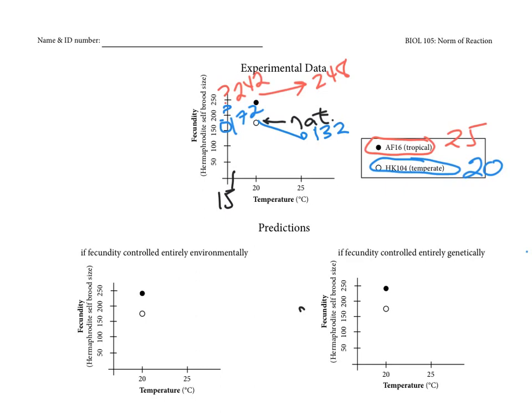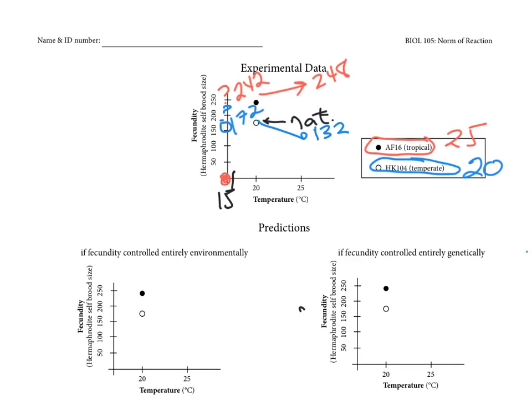Last one. What happened to AF16 at 15 degrees or 16 degrees? They kept dying. So what happened? There's only so much they could have done, I guess. So does it look like these two different strains of the same species have adapted to life at different temperatures?